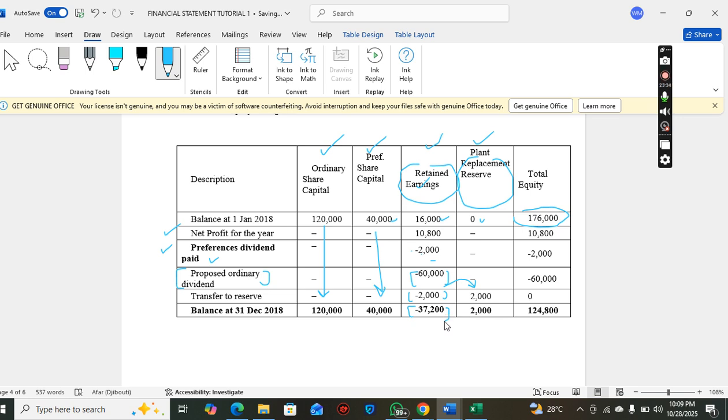It means this proposed dividend should be revoked because there's not enough money to pay it out. So you have negative 37,200. Plant reserve, you had 0, now 2,000 has come in, 0 plus 2,000, 2,000 kwacha here.